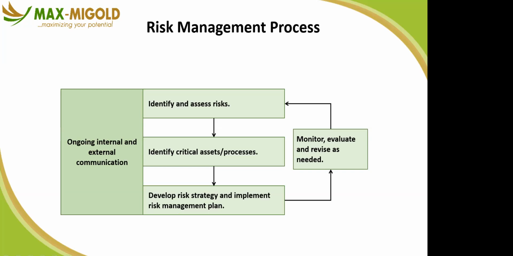Okay, so here we look at the risk management process itself, and it's similar to what we did under health and safety. The risks should be identified and evaluated, which is the assessment, and then the critical processes and assets should also be identified. Then we need to develop a strategy or mitigation plan to curb all the hazards or issues that have been identified.